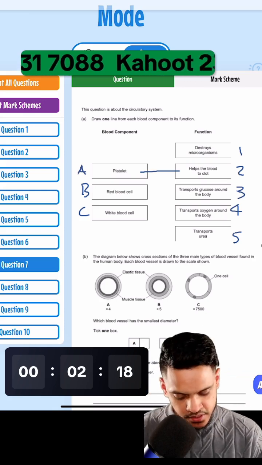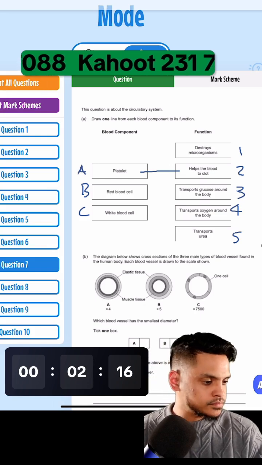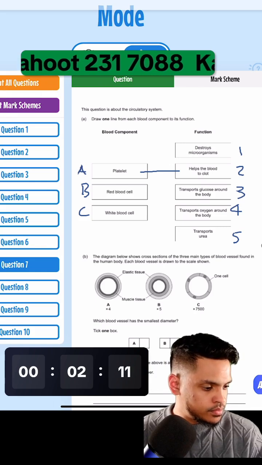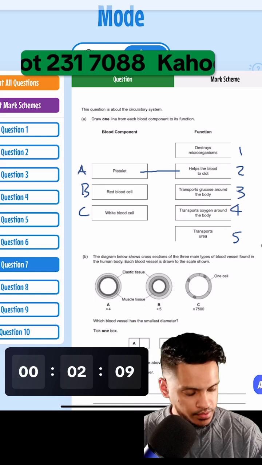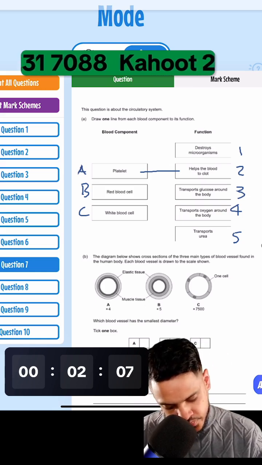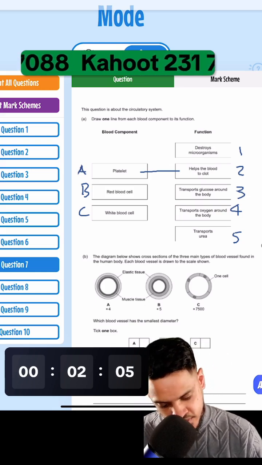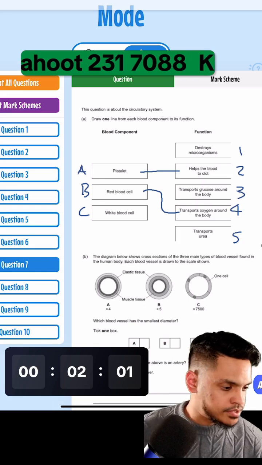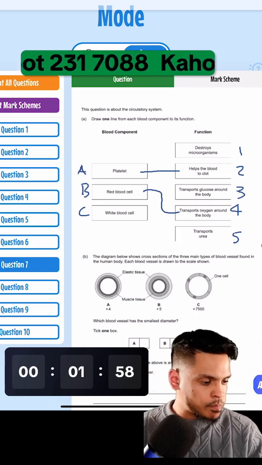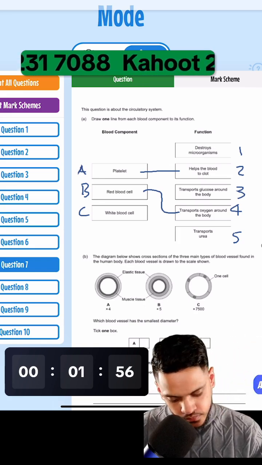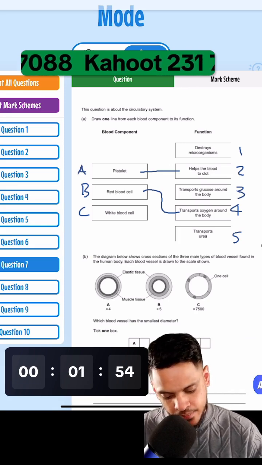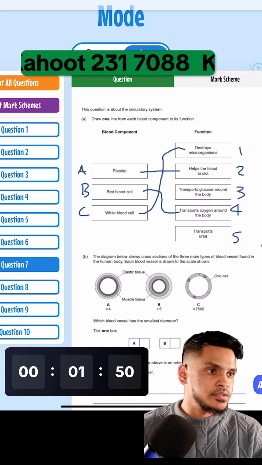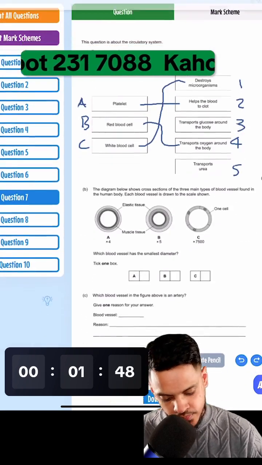B goes to 4, says someone. It transports oxygen around the body. Yep, agree with that. That's what a red blood cell does. And the white blood cell, C, says 1. Destroys microorganisms. Yep, it's responsible for helping you fight against pathogens. So that would give you that one.